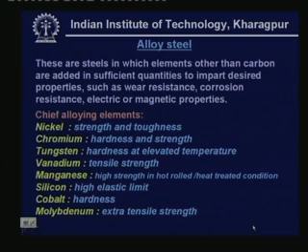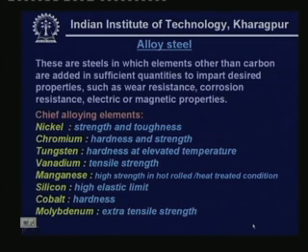So a combination of different types of alloying elements gives rise to different kinds of alloy steel. Based on the use and environment, you can use steels having the typical alloying elements I just described.